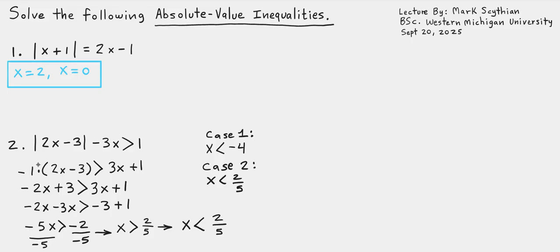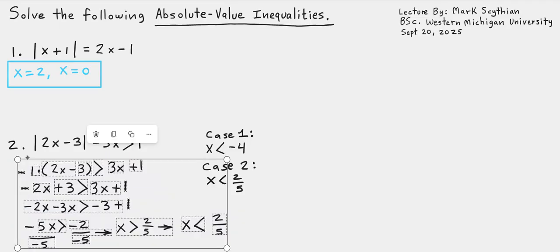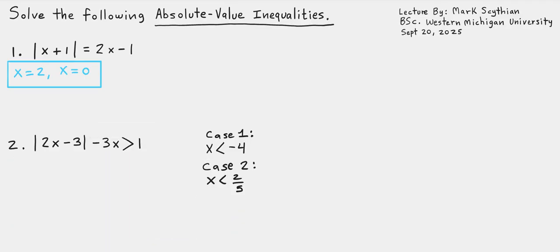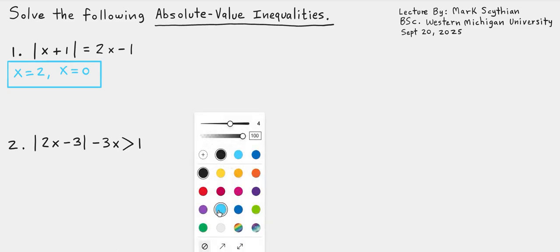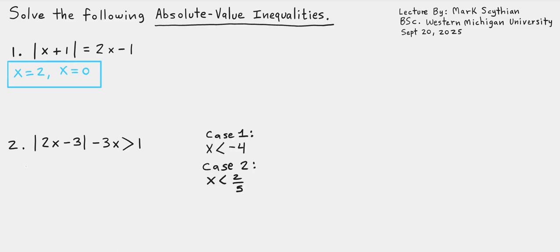Again, feel free to pause the solution for problem number 2 and work it out, gain practice and mastery. So we'll enter the final answer for problem 2 as x is less than negative 4 and x is less than 2/5.